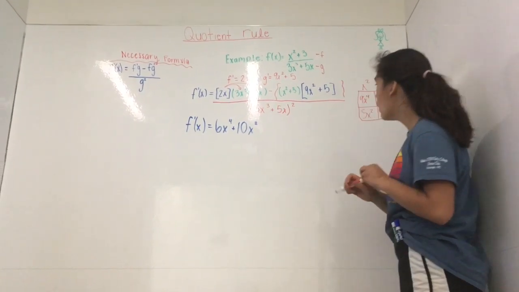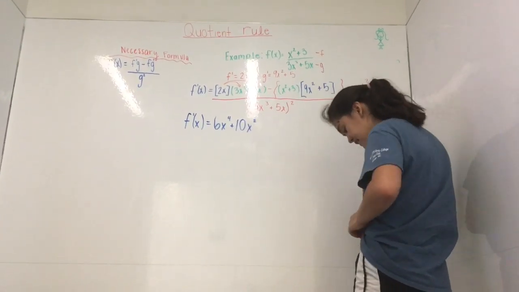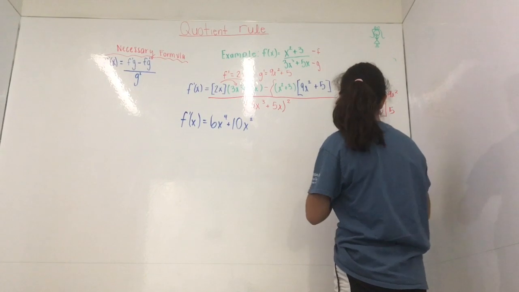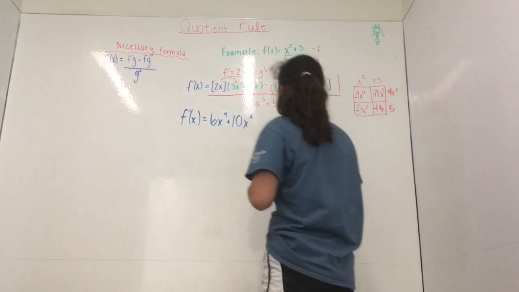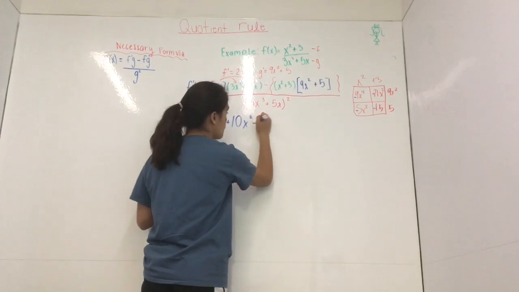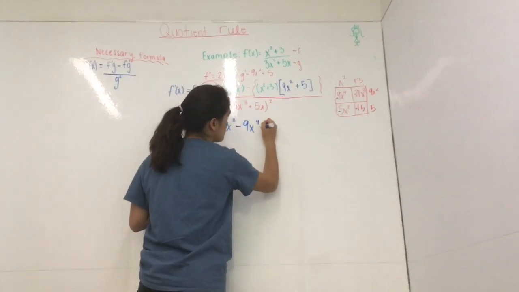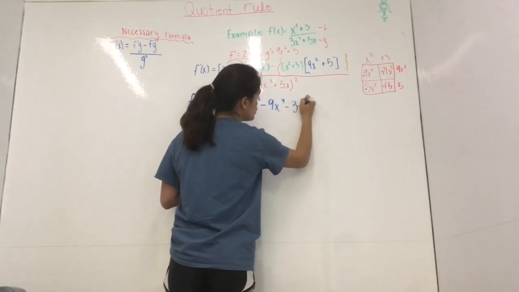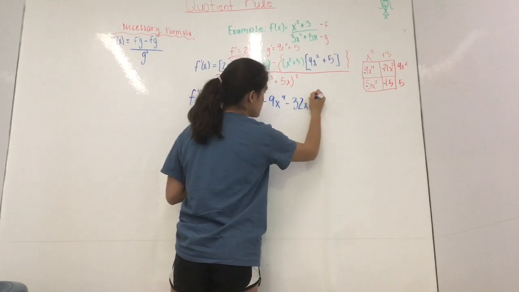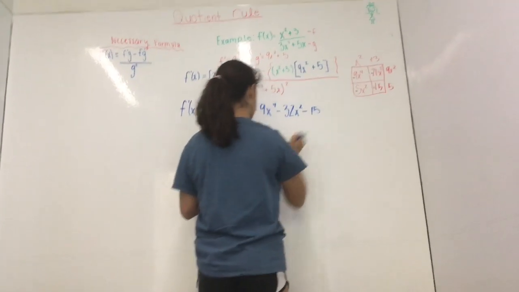Remember how all of these are getting multiplied by a negative, so all of these end up being negative. So we are going to subtract all of these: minus 9x to the fourth, minus 32x squared, and minus 15.